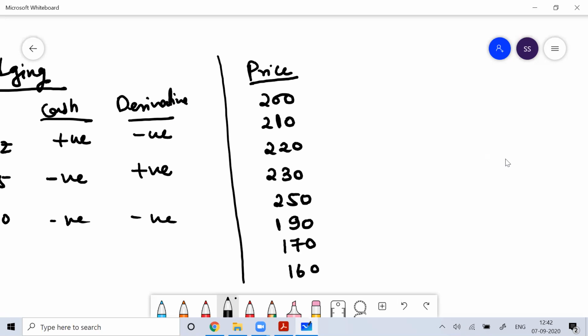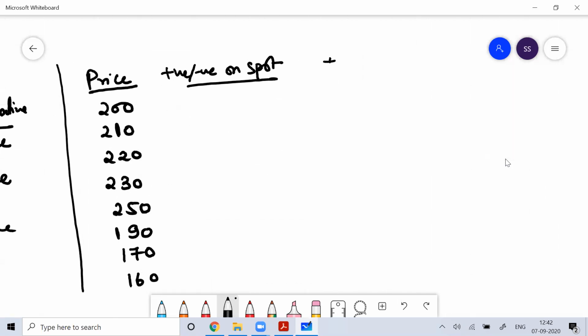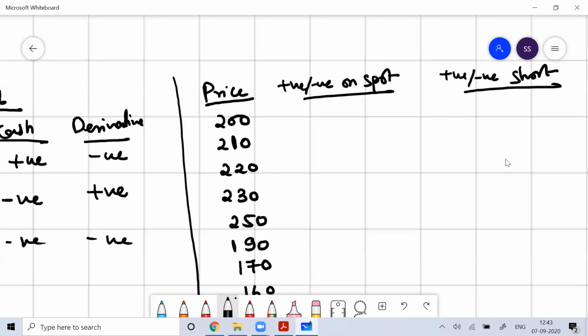Then you can calculate profit or loss on the spot market, calculate profit or loss from the short position, and then calculate your net profit or loss. Then you can draw a payoff diagram based on that.